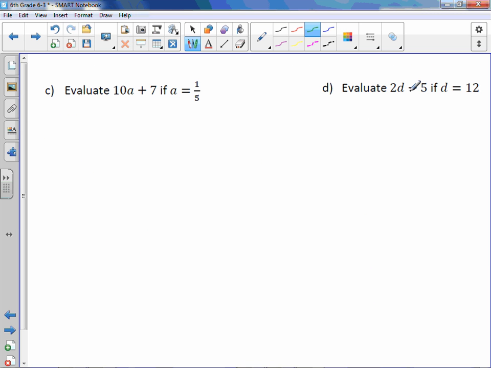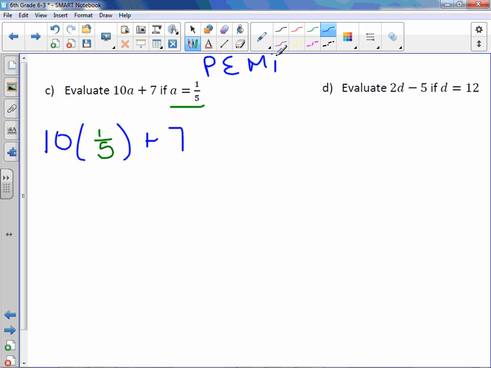Letter C. Evaluate 10a plus 7 if a equals 1/5. So 10 times 1/5 plus 7. The 1/5 doesn't count as being in parentheses because there's no operation, so it's not our parentheses step.